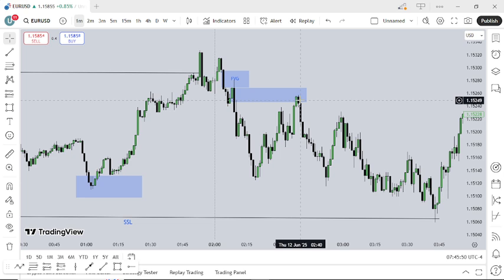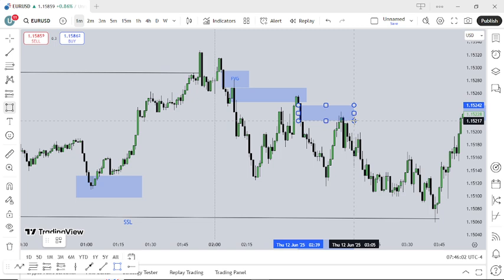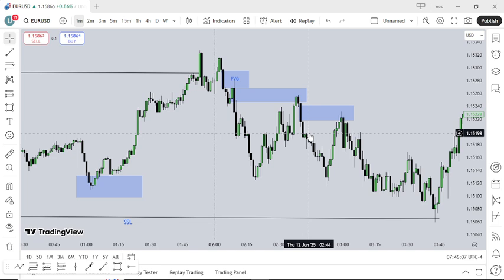And then after that order block again, price formed. Look, these three bearish candles formed and pushed price away from that order block. Notice that it formed a fair value gap again, and the moment price sold from that point, it began to resell again back to that point.